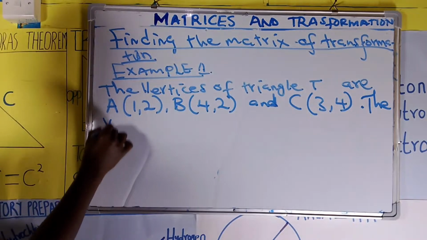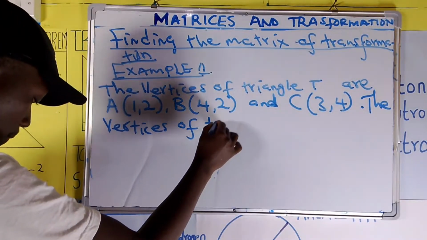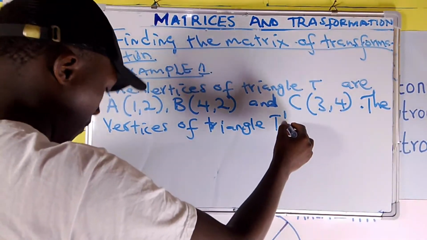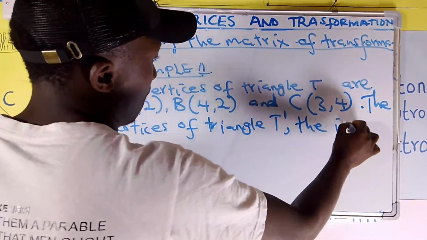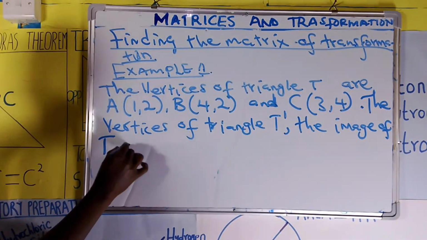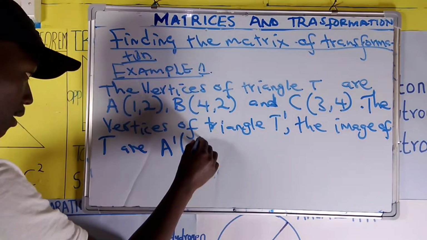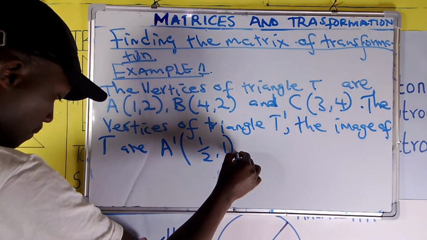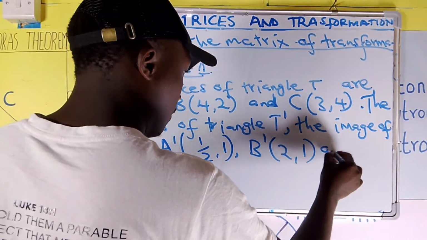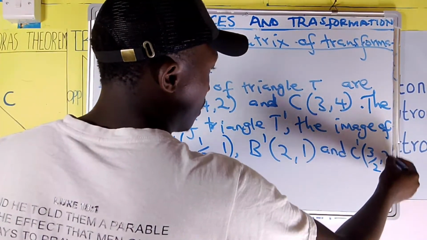The vertices of triangle T prime, the image of T, are A prime (1/2, 1), B prime (2, 1), and C prime (3/2, 2).